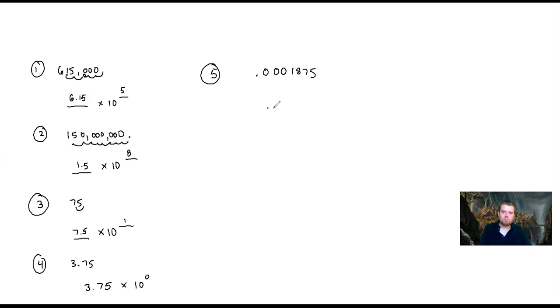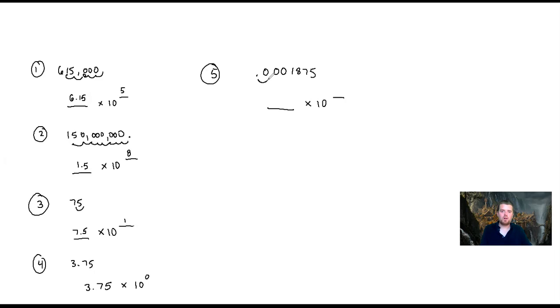Same goal. You're going to move the decimal until you have some coefficient times 10 to some power. So here, moving to the left isn't going to do anything for me. It's going to continue to get smaller and smaller and smaller. So for a problem like this, I need to actually move the decimal in the opposite direction. I need to move it to the right.